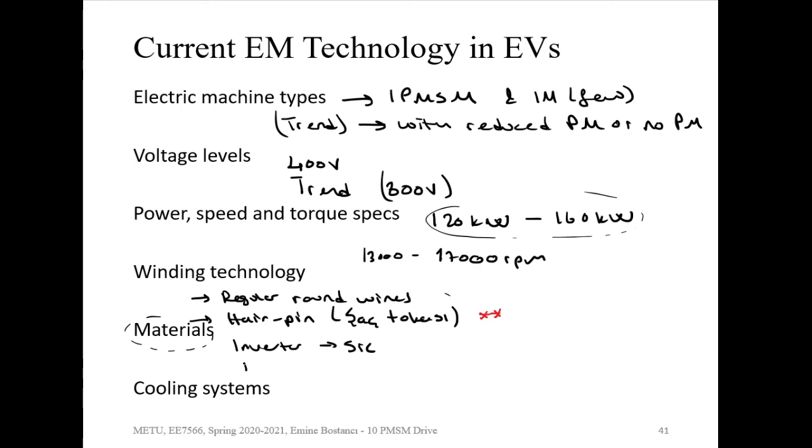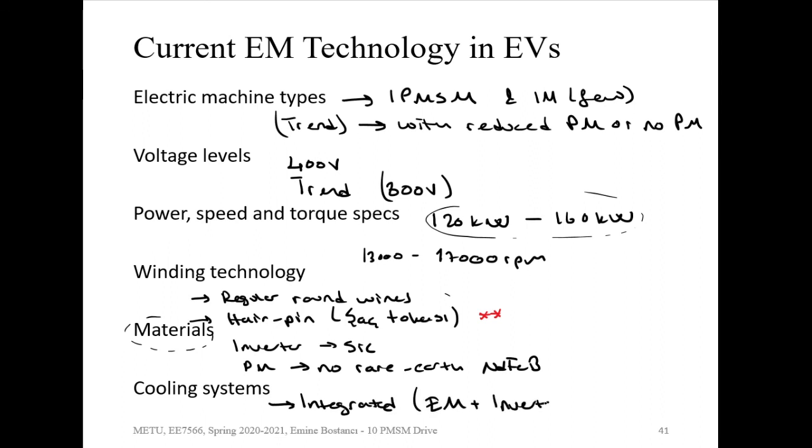In the permanent magnets we can see no rare earth neodymium magnets, neodymium ferroboron magnets. And the cooling systems are going to be integrated, and it means that the EM plus inverter is going to use one cooling system, and we try to make them more effective. I think they are also going to stay as they are for a while.